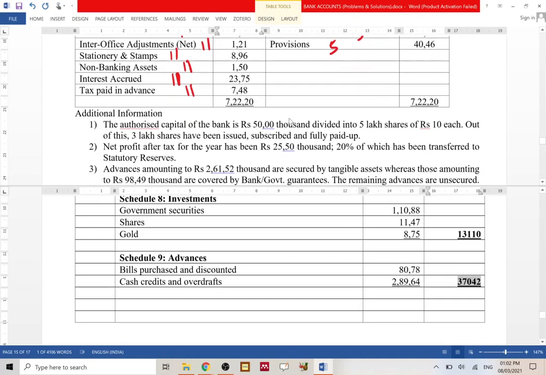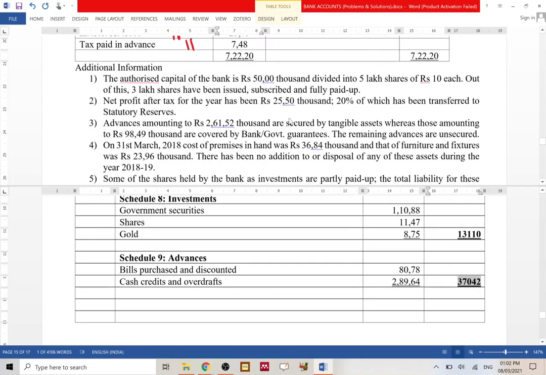Now there is an adjustment, meaning some extra information is given about all these advances. See the third one, we've already taken care of the first two. The third adjustment says advances amounting to 26152 thousand are secured by tangible assets, whereas amounting to 9849 thousand are covered by bank guarantees. Remaining advances are unsecured.